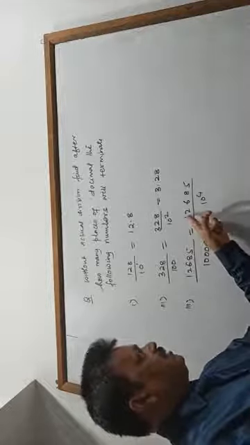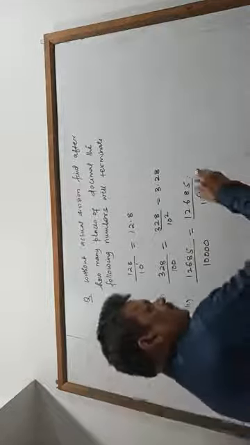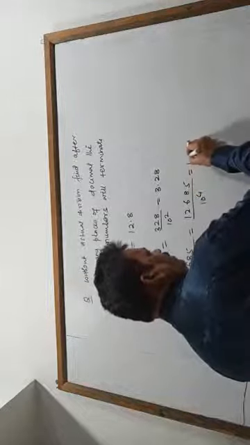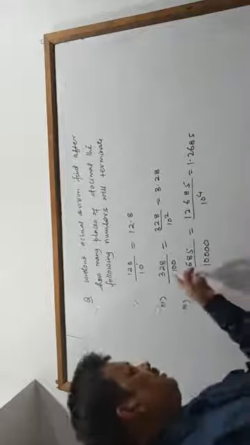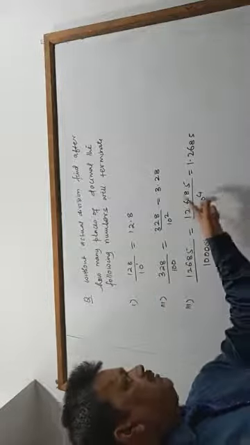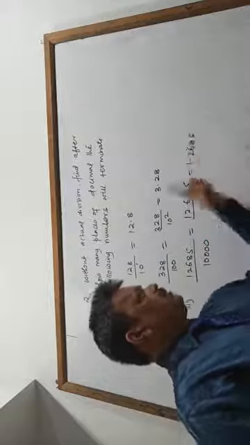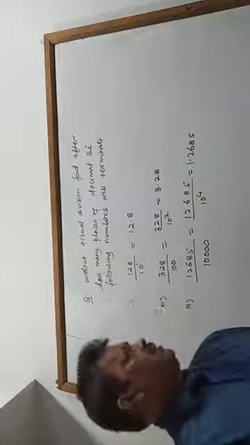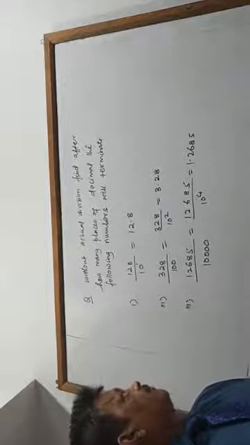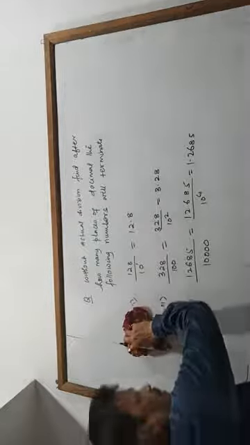Termination will be after decimal 4 digits, means it is 1.2685. So 10 or 10 to the power is helping us to know after how many places of the decimal the number will terminate.